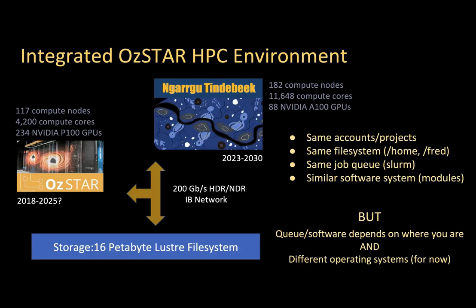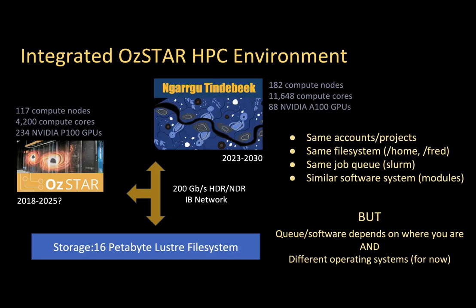And the software system is similar in that it's the same module system, although currently the modules that you'll see on OzSTAR, if you look them up there, are a different module list to what you see on Ngagu Tinderbeek, because the operating systems on the 2 machines are different. So we've built separate software stacks for the 2. That will change by the end of September.